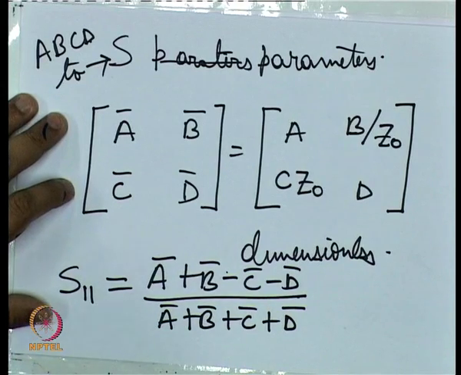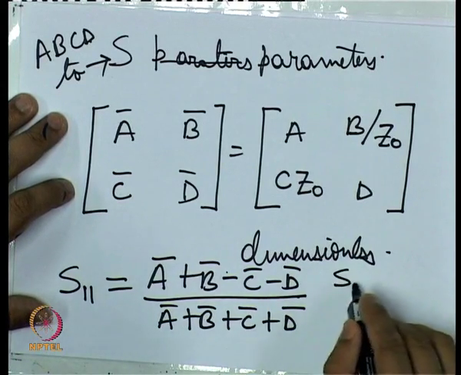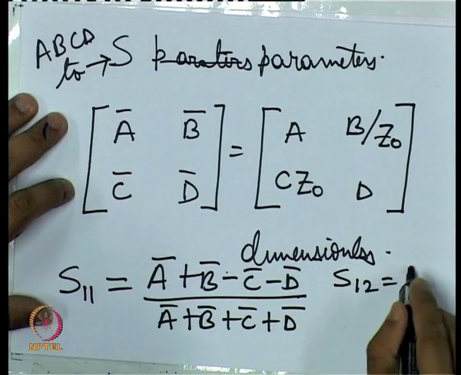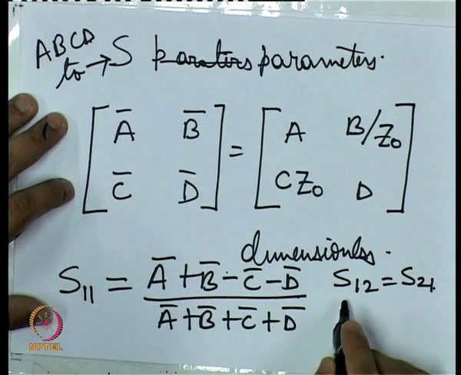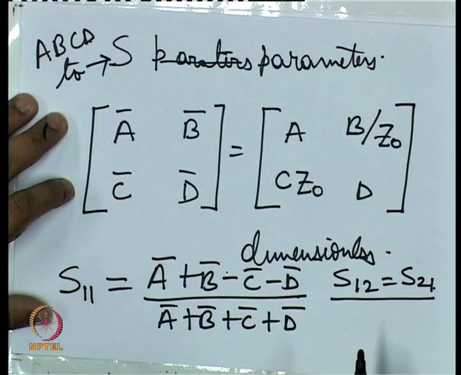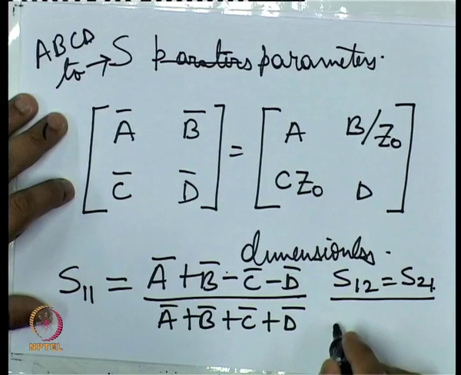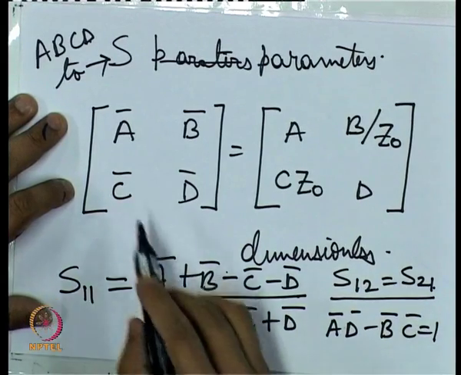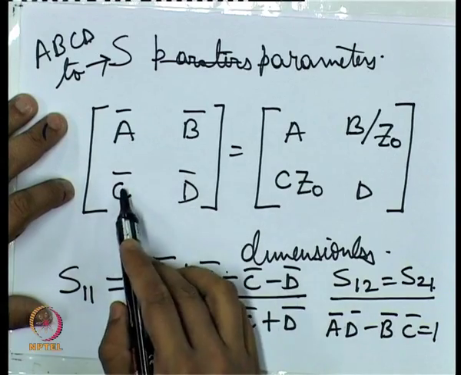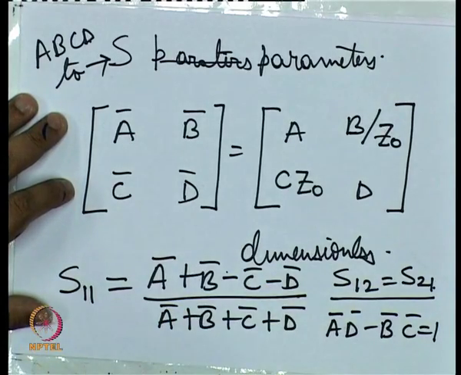The condition of reciprocity that we saw for a 2-port reciprocal network, for the S parameter matrix, boils down to this relationship. It can be shown that in terms of the ABCD parameters, this boils down to this relationship. Here of course note that A bar, B bar, C bar and D bar are the normalized ABCD parameters.